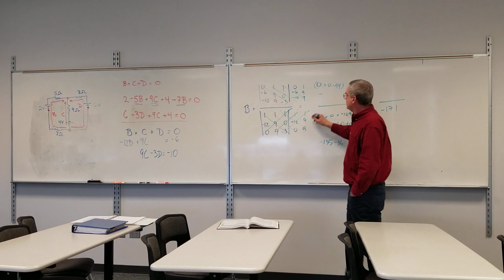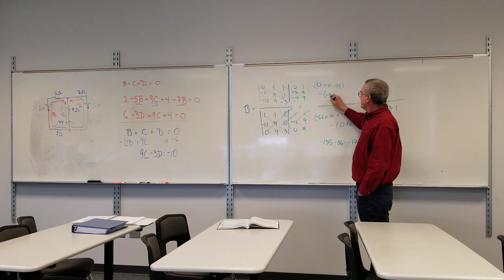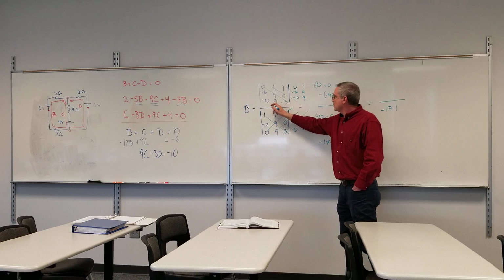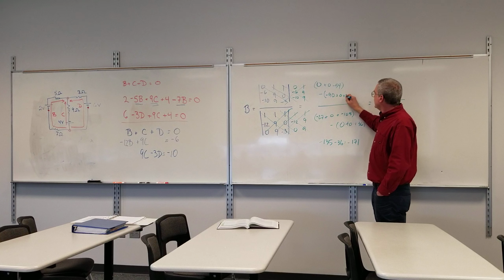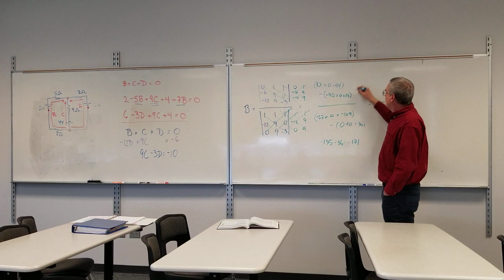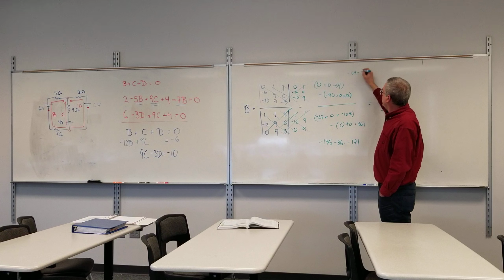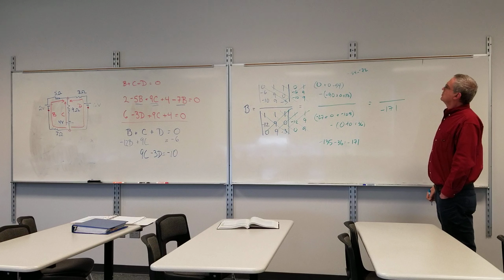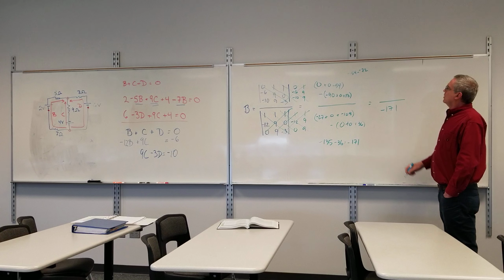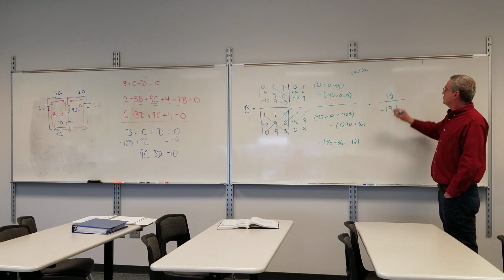Negative 90. 0. 18. So I got negative 54 minus negative 72, which is 18.